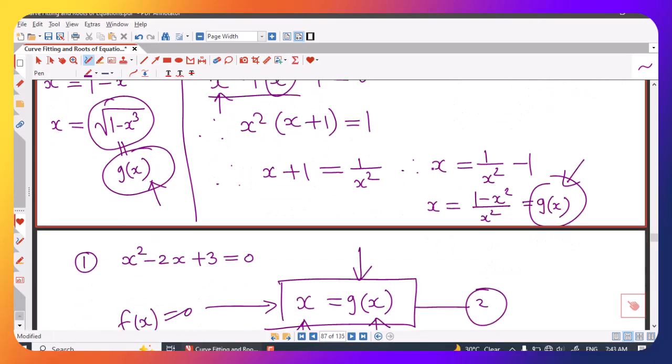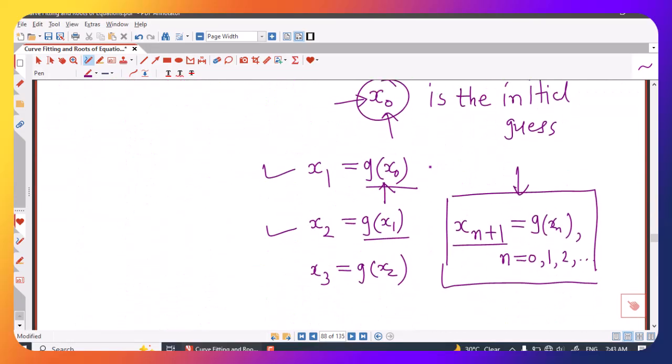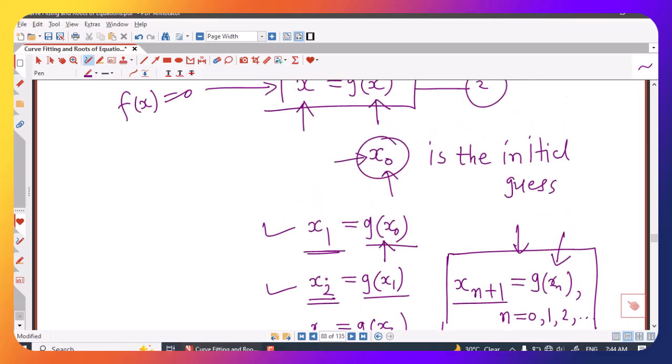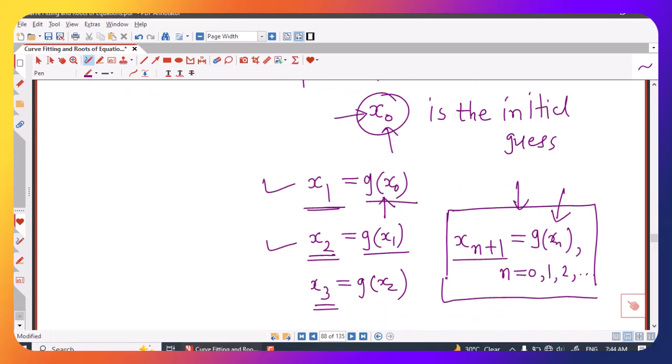Out of those more than one iterative functions, we have to determine for which g(x) this sequence of iterations will converge to the actual root, or under what conditions this sequence of iterations will be convergent to the actual root.